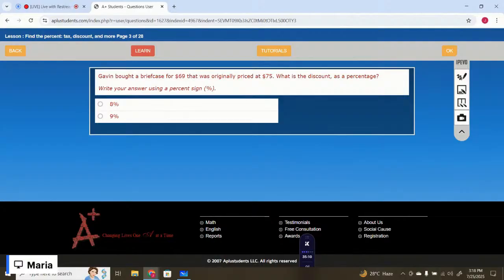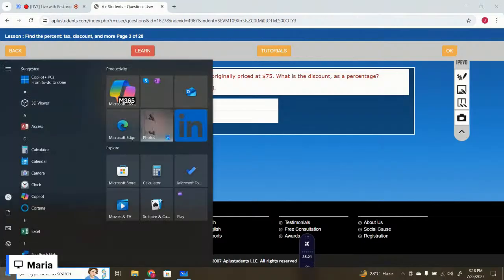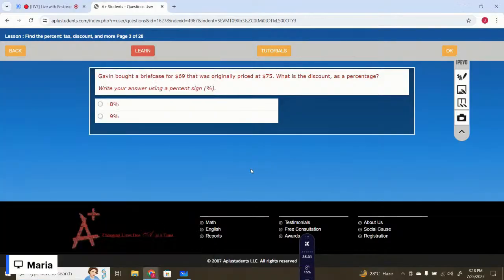So the original price is 75, right? The amount of change is 6, that is 6 over 75. That is 8%. Option number 2 is the correct option.